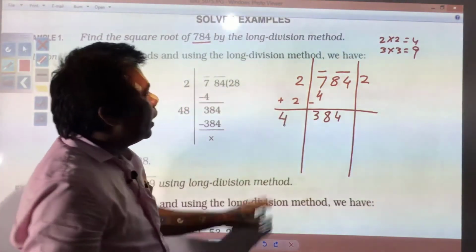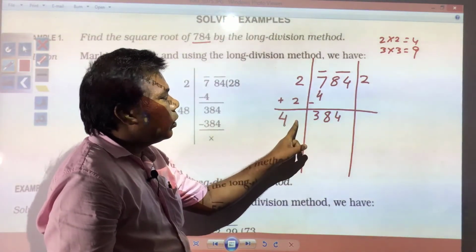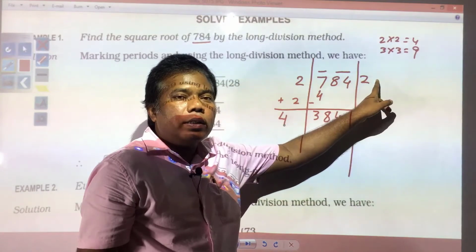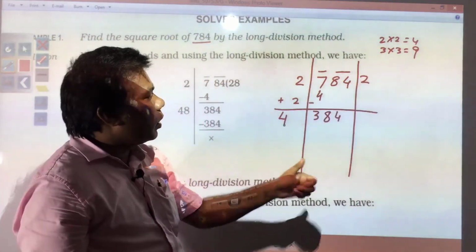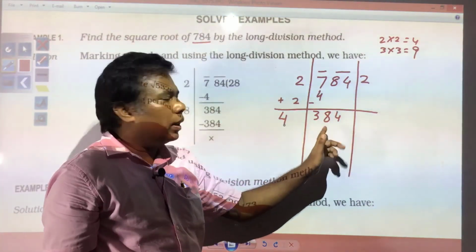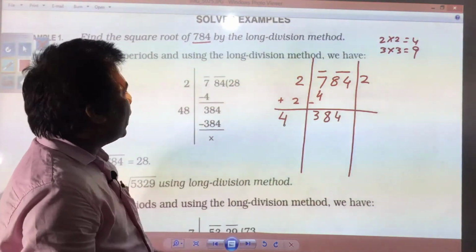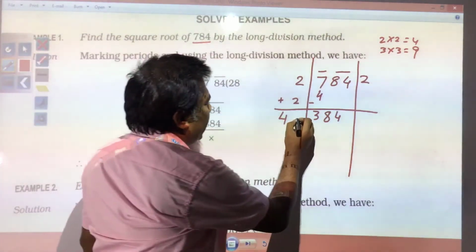4. Now, here you need to think what number is required to be kept here and in the place of quotient, so that if you multiply you will get a product about 384 or equal to 384. Just think, multiply roughly and try. So, here it has been multiplied by 8.